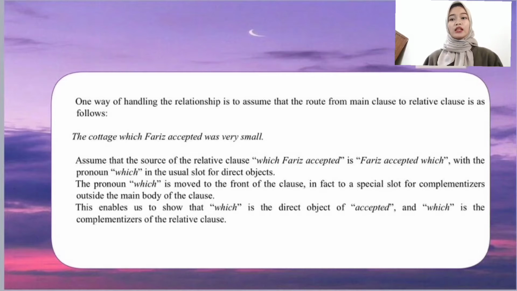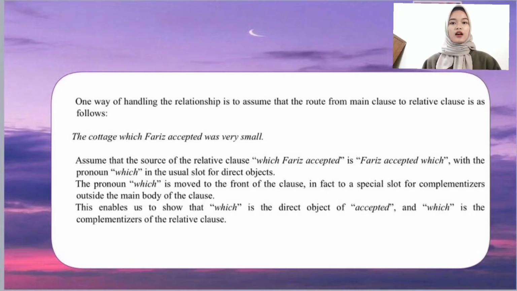The pronoun which is moved to the front of the clause, in fact to a special slot for complementizer outside the main body of the clause. This enables us to show that which is the direct object of achieved and which is the complementizer of the relative clause.